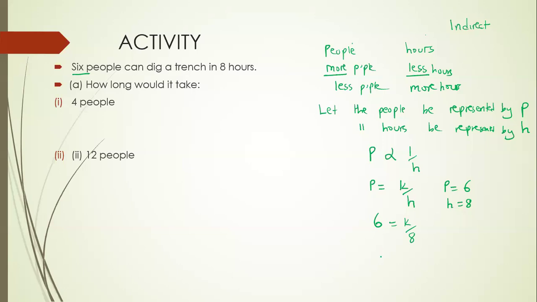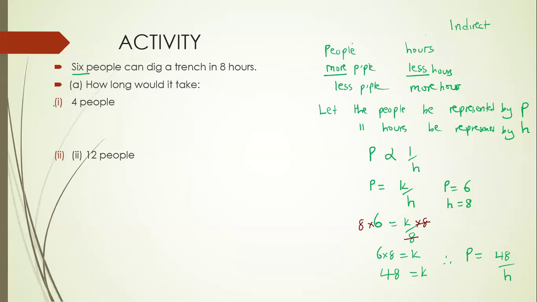So we multiply through. We say 6 times 8 is equal to K. Because we have said that what we do, multiply here by 8, multiply here by 8. So this 8 and this one will always cancel. Then you ask yourself, what is 6 times 8? That is 48, equaling K. After obtaining your K, you go back and substitute and say now my P will equal K, which is 48 out of the hours.